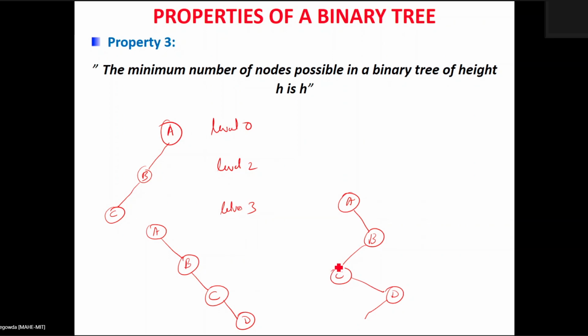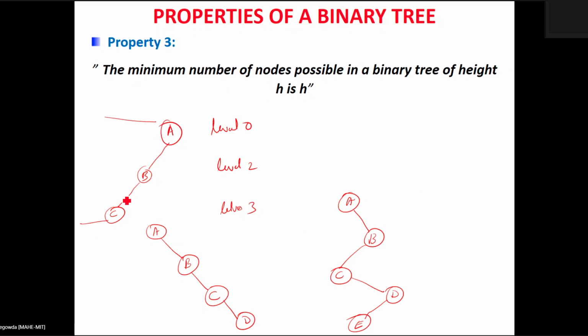What is our requirement? A binary tree has the minimum number of nodes if each level has the minimum number of nodes. The minimum number of nodes possible at every level is only one when every parent has one child. This is satisfied by this example. But in both cases, what is the height of the tree? Suppose if you look at this one, what is the height of the tree?